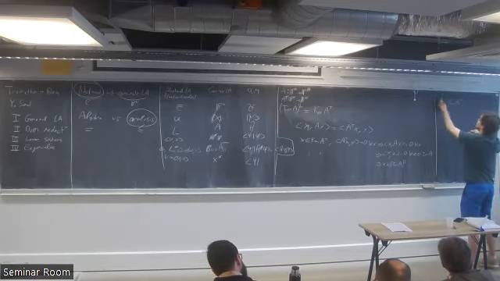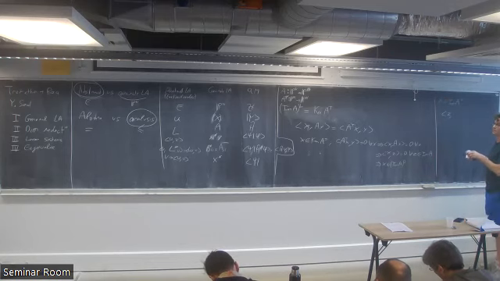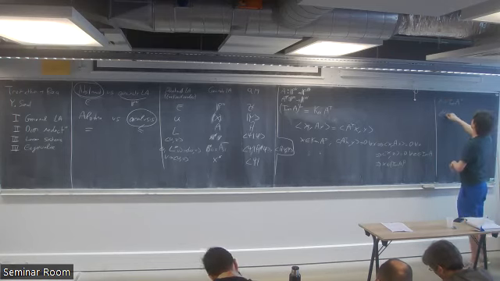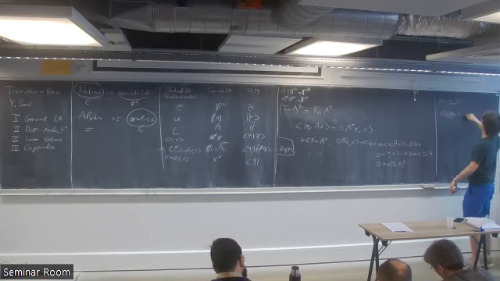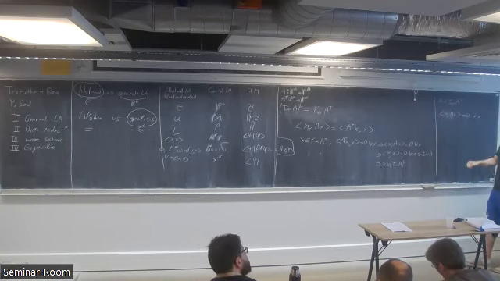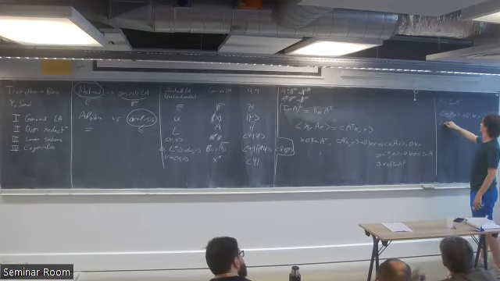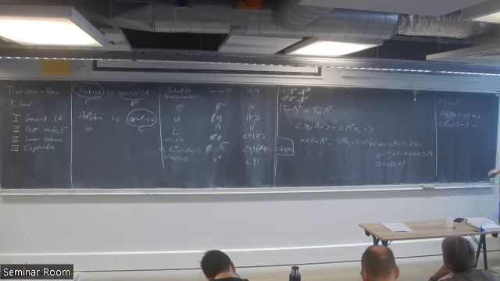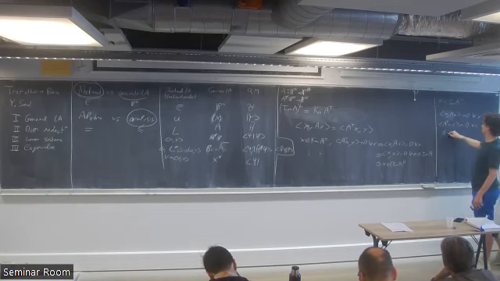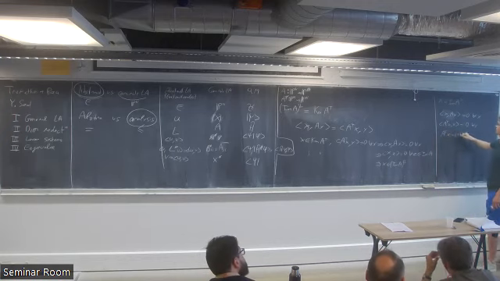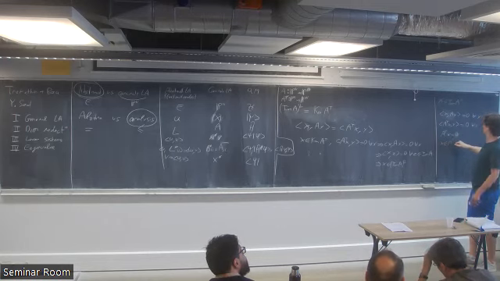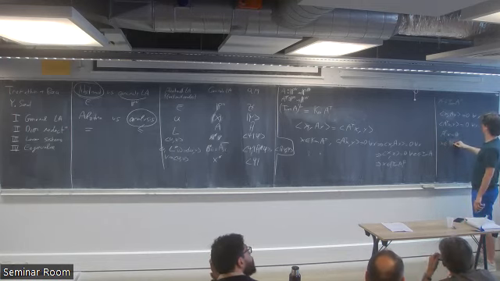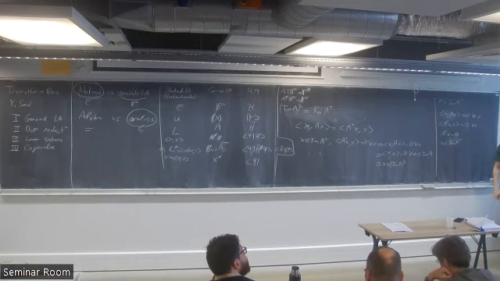So I have x, Ay is equal to 0 for all y, and therefore A transpose x, y is equal to 0 for all y, and therefore A transpose x is equal to 0. And therefore x belongs to the kernel of A transpose.